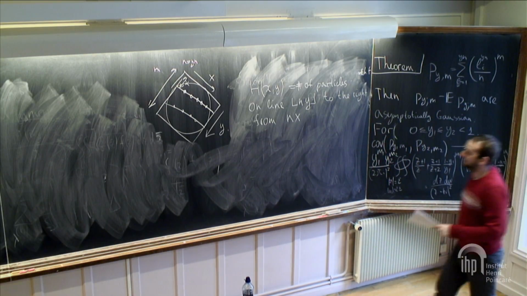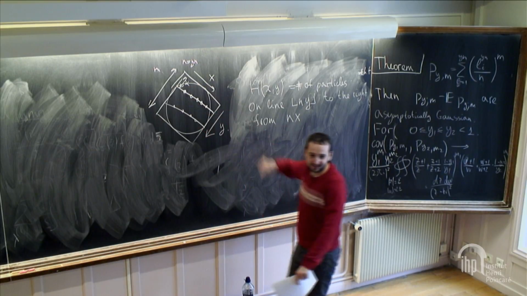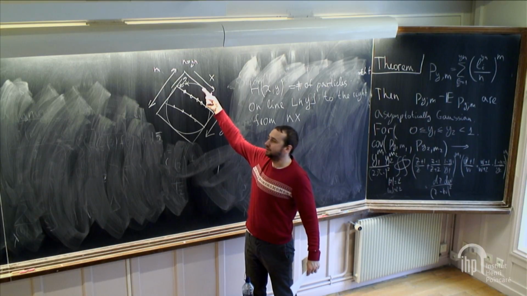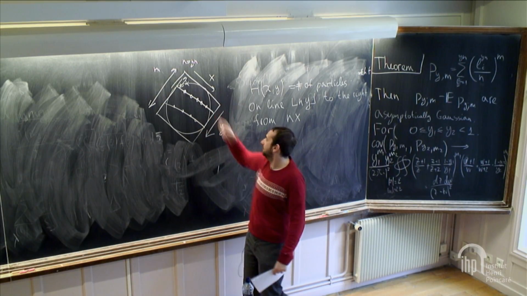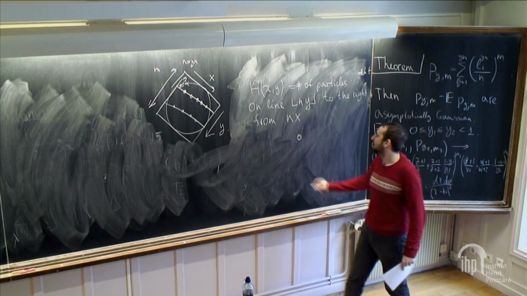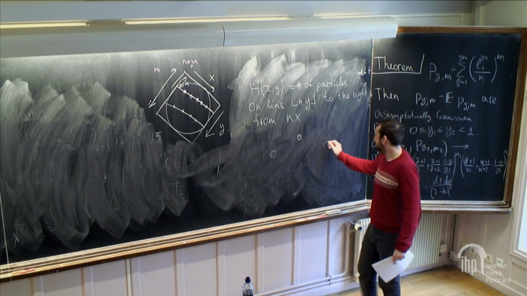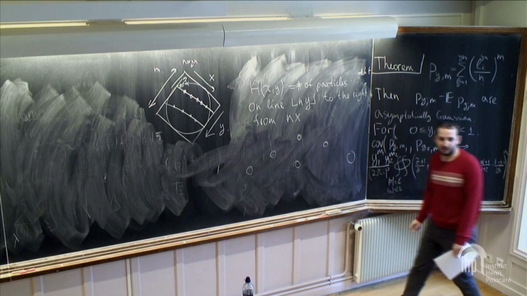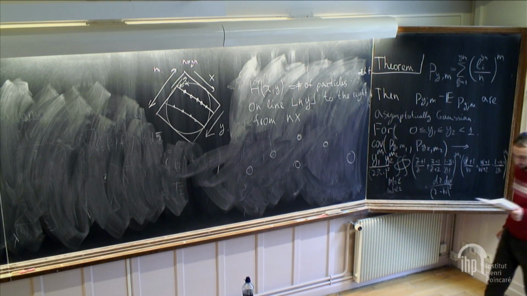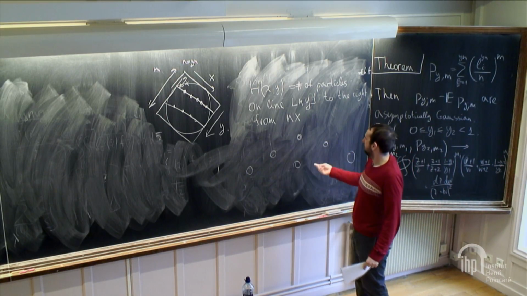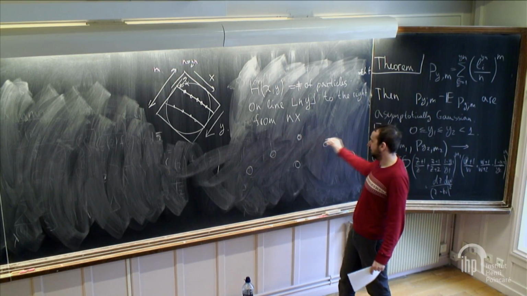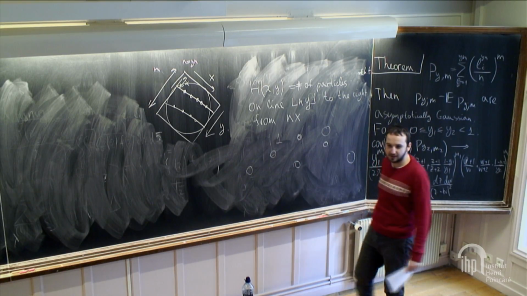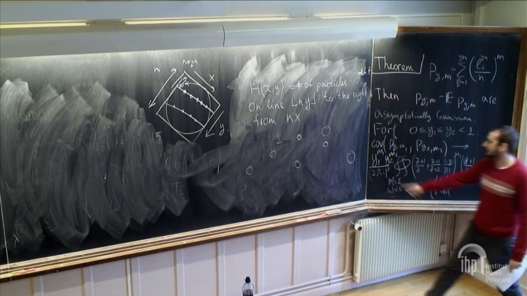Okay, let's draw a picture. So remember that we have particles assigned to our Aztec diamond, and there was a growing number of these particles in rows. So in the first row there was 1 particle. In the second row there were 2 particles, and in the third row there were 3 particles, etc. So this height function was just counting the number of particles in each row. So in this row, this was 1, because there is 1 particle on the right, and then 0 here, and there are no particles.